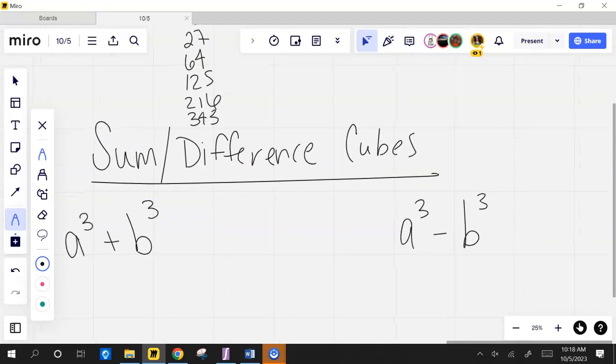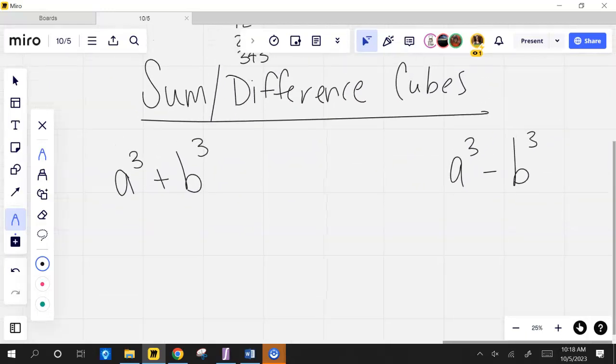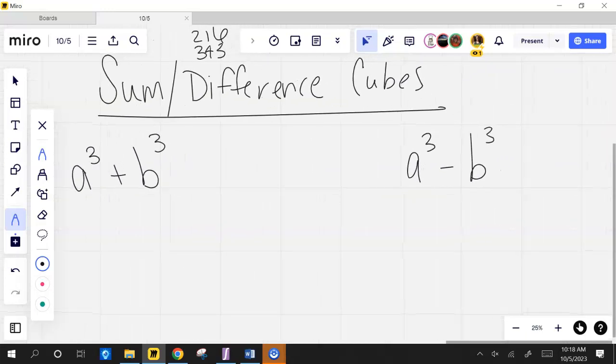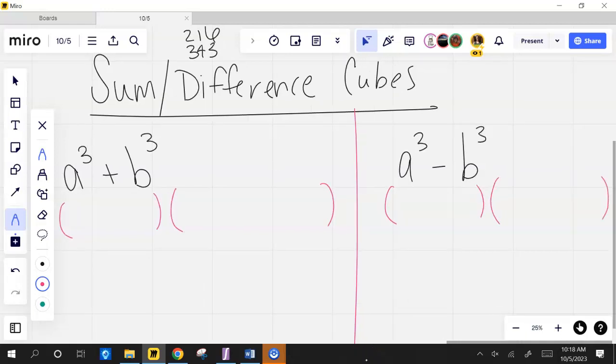If you see yourself in this situation, here's what you do. I always set up my parentheses first. We're going to do little parenthesis, big parenthesis. I'm going to draw a line here to see. Little parenthesis, big parenthesis. Okay. Do your signs first.